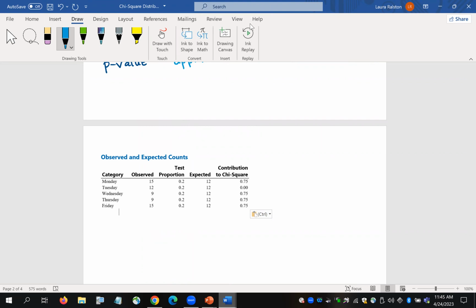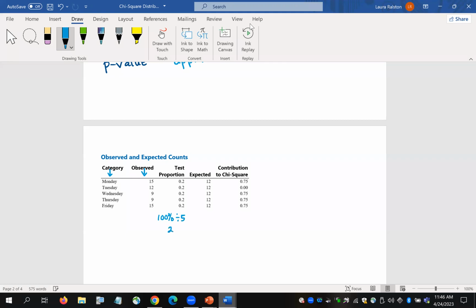Okay, so let's look at this table under observed and expected counts. You have the category that comes from your frequency distribution. You have the observed that comes from the frequency distribution. Minitab has figured out your test proportion. If you care, you have 100%, and we had 5 categories because there are 5 days of the week.